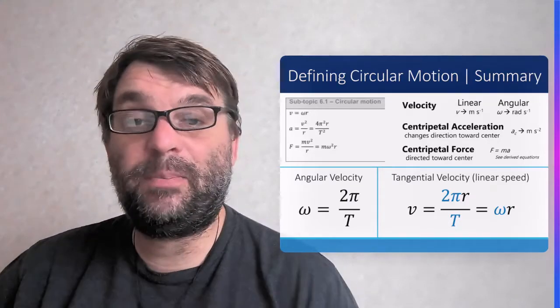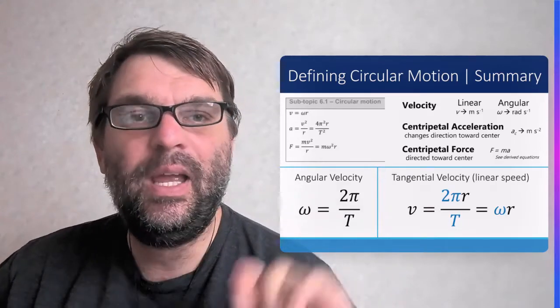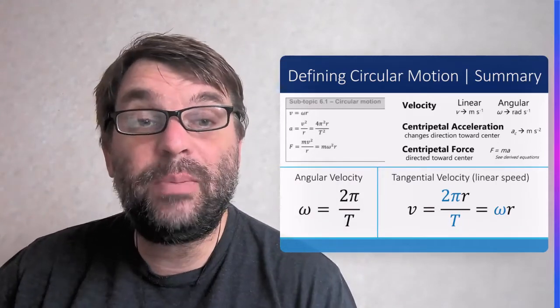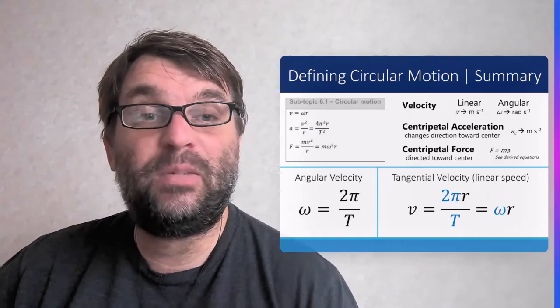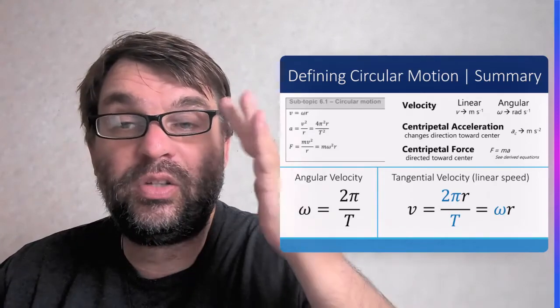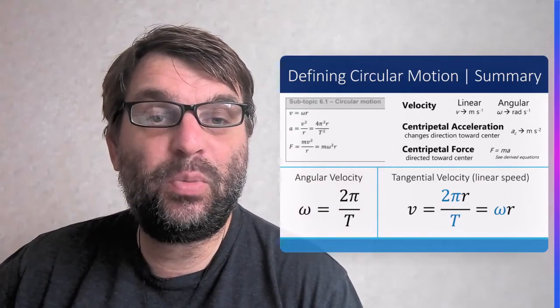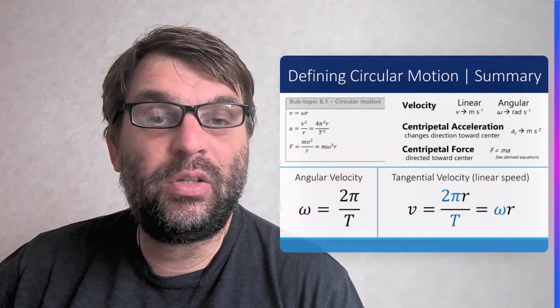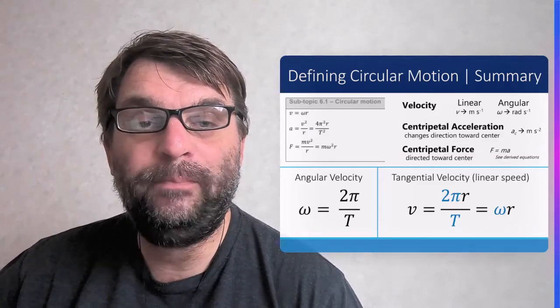Velocity is in meters per second. Angular velocity is in radians per second; angular momentum is later. Centripetal acceleration is in meters per second squared. The centripetal force is derived from force equals mass times acceleration, Newton's second law.